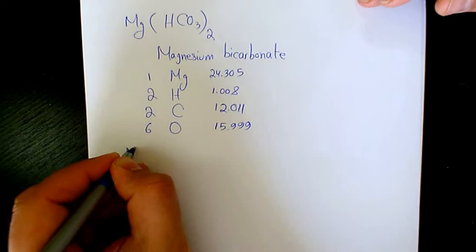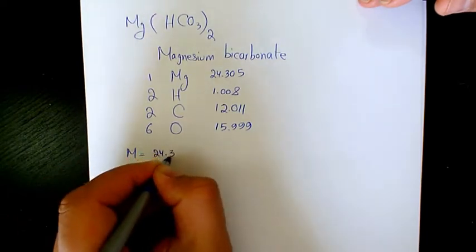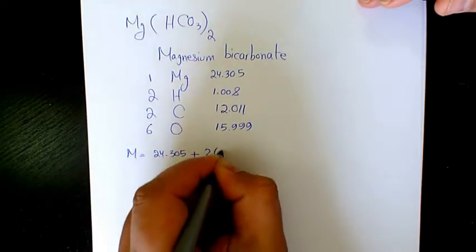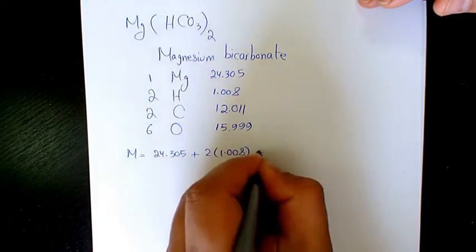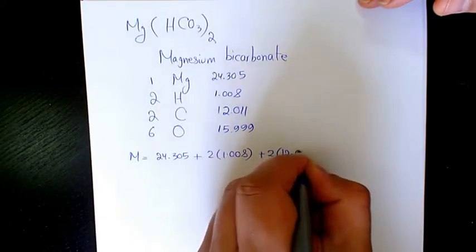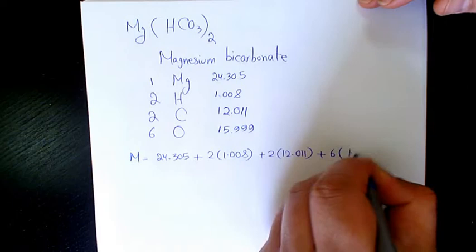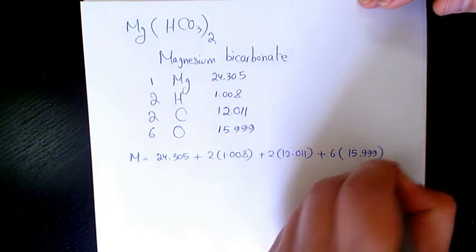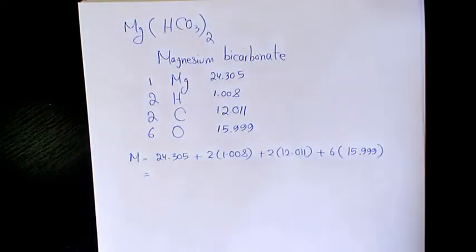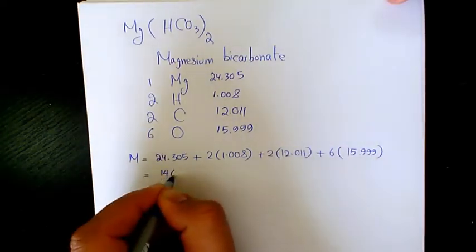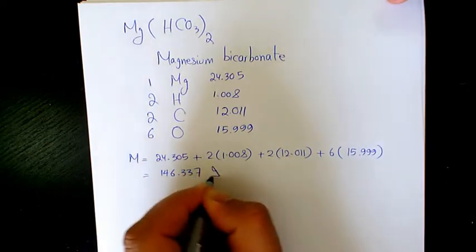So the molar mass is going to be 24.305 plus 2 times 1.008 plus 2 times 12.011 plus 6 times 15.999. So when you calculate all this, it's going to be 146.337 grams per mole.